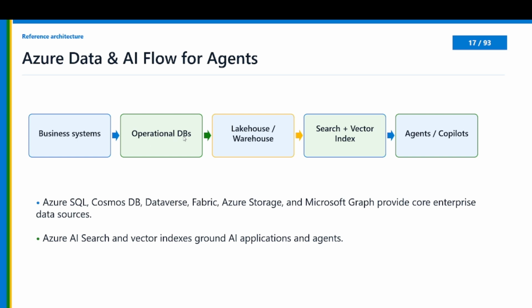So you have the operational database connected to lakehouse and warehouse. This is the data engineer's work, just like an ETL architecture, basically. It is the data engineer that will implement this. As an agentic AI solution architect, you're also working with data architects and an Azure solution architect to understand this better.